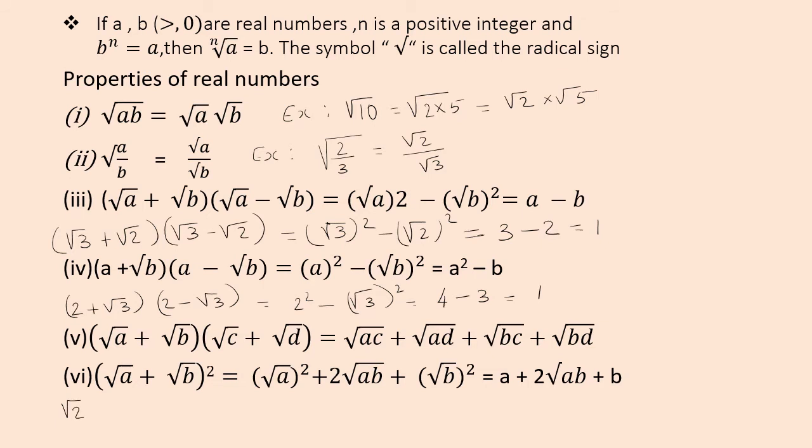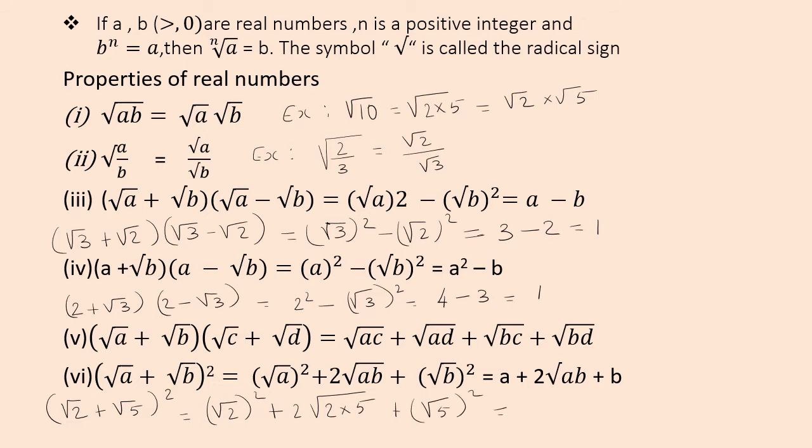Root 2 plus root 5 whole square, that is equal to a square, means root 2 square, plus 2 root ab, ab means 2 multiplied by 5, plus b square, that is root 5 whole square.